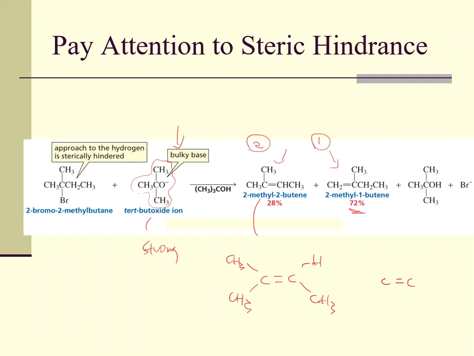C, double bond C, leg, leg, leg, leg. This carbon to the left, 2 hydrogens. The carbon to the right, we have a methyl group, and we have an ethyl group. This one only has 2 substituents, right there. Ethyl, methyl. This one has 3.